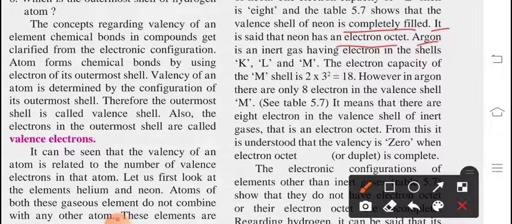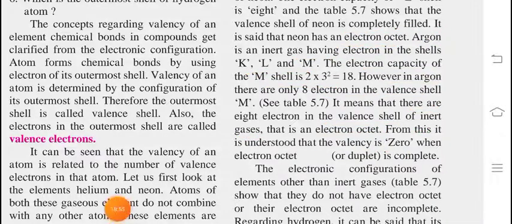Argon is an inert gas having electrons in the shells K, L and M. The electron capacity of the M shell is 18. However, in argon there are only 8 electrons in the valence shell. So we can say there are 8 electrons in the valence shell of inert gases. That is the electron octet. If the octet is complete, then valency is 0.